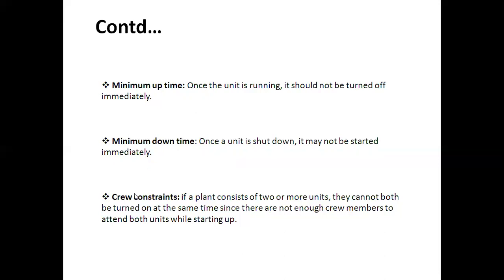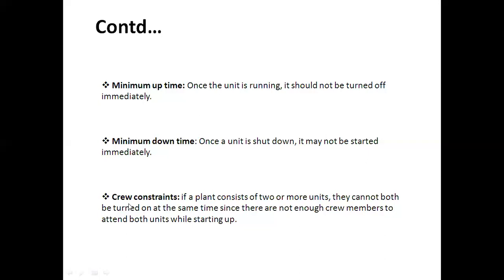It will take some time to turn off that particular unit. Minimum downtime means once a unit is shut down, it may not be started immediately. It will be given some time, then it will be started.